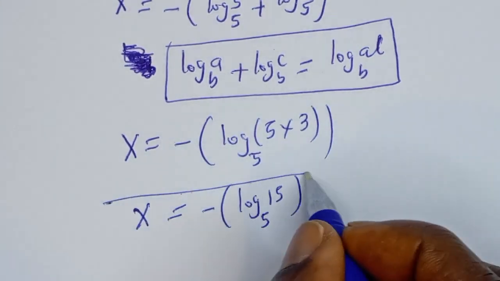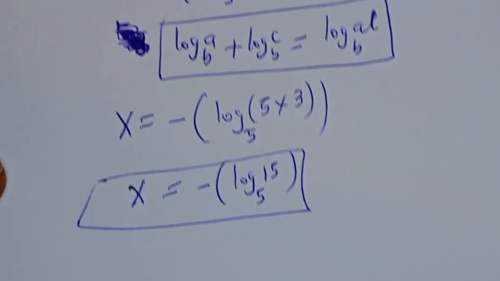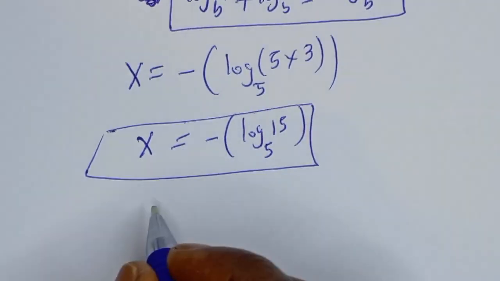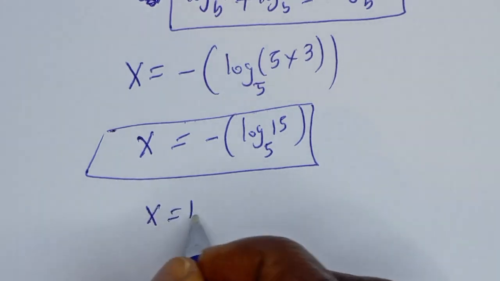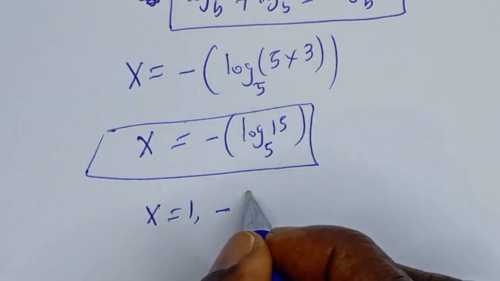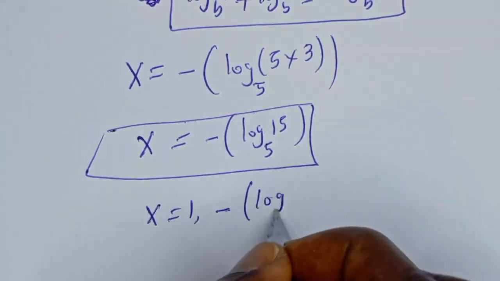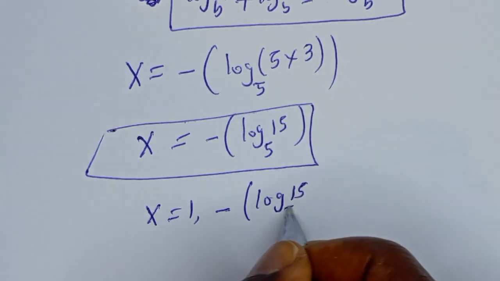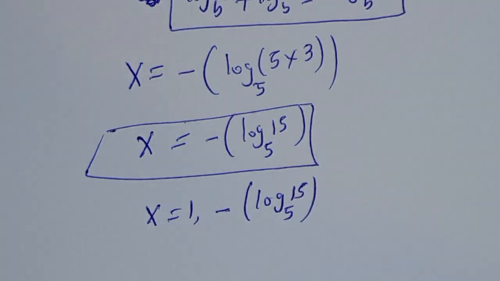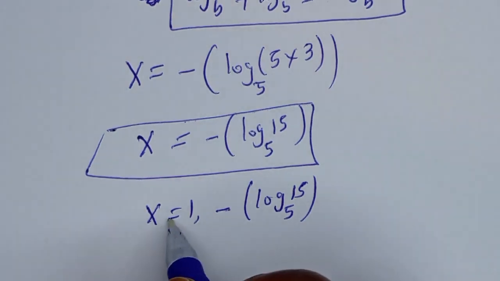This is the second value of s. Therefore, our final answers are s is equal to 1 and minus log 15 base 5.